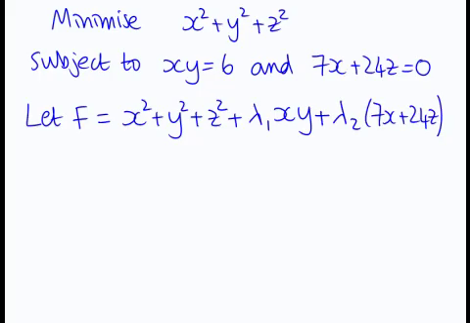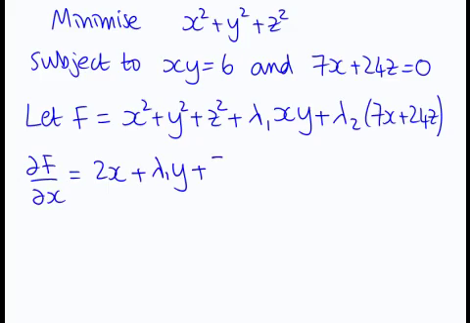And now what I do is I differentiate this function f with respect to x, y and z partially. So if I do the first one, I get 2x plus lambda 1 y plus 7 lambda 2, and I set these derivatives equal to 0.